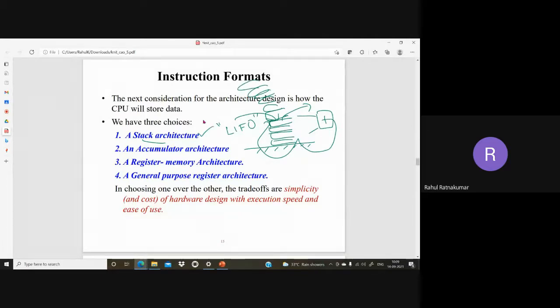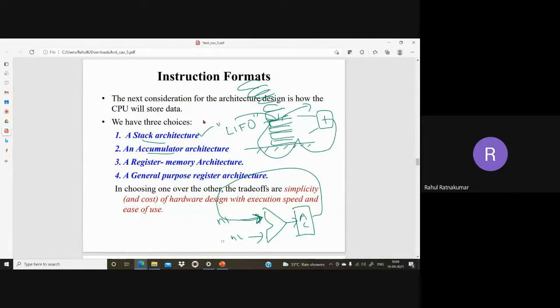Accumulator-based architecture is the most common. We have an accumulator which can do a lot of processing. Data N1 and N2 go to the accumulator, going to the ALU. The accumulator is that register which stores the result as well as gives input to the ALU.